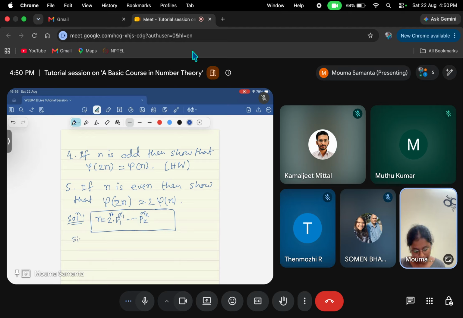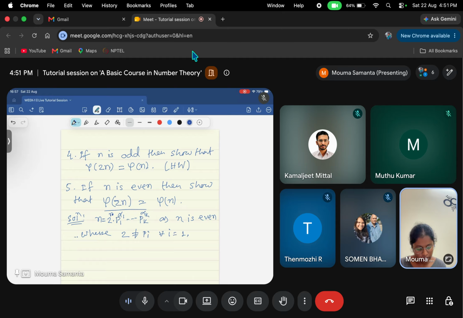Why can we write this form? We can write this as n is even, where 2 does not equal pi for all i equals 1 up to k.